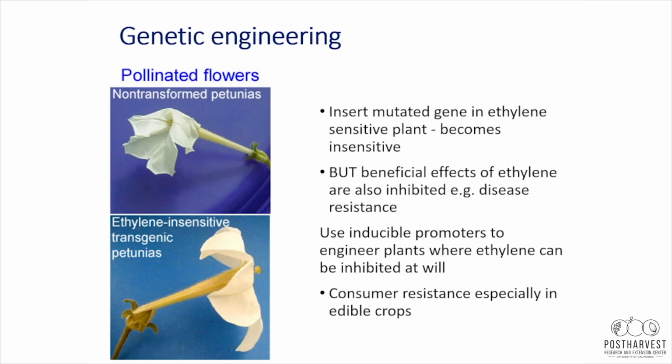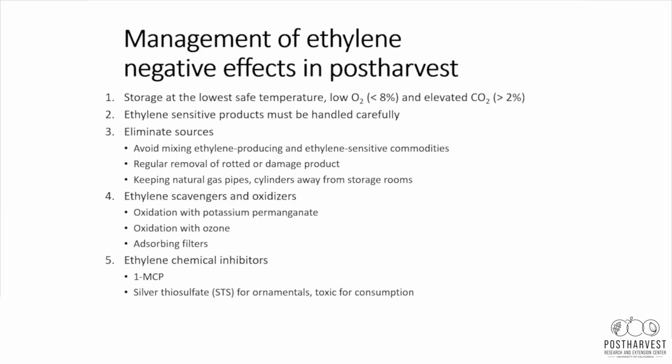These beneficial effects, though, also can be inhibited. So you have a problem when you try to ripen your fruit normally. The use of inducible promoters to engineer plants means ethylene insensitivity can be inhibited at will, and as I mentioned, there is a big consumer resistance when it comes to edible crops. So people will often not buy your crop when it's been genetically modified.